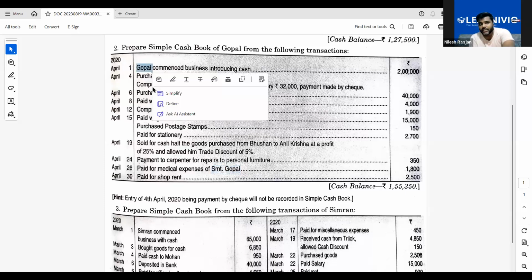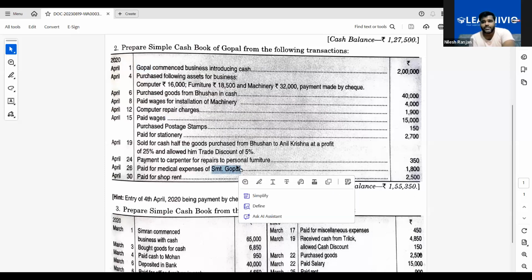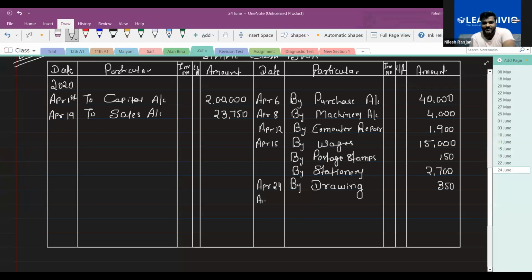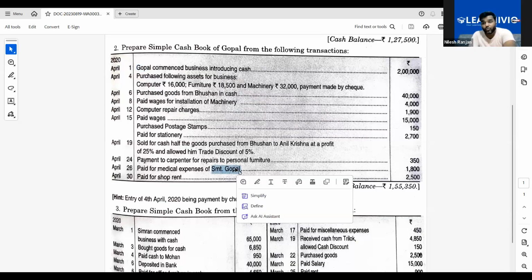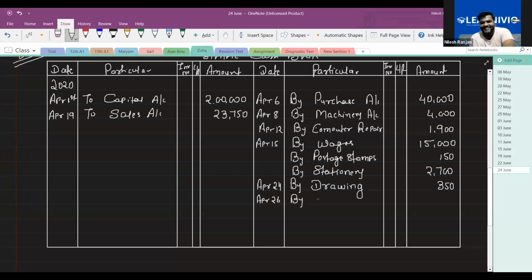Gopal started the business, so Srimati Gopal, Mrs. Gopal, means it is also a personal expense. So drawing, 18.